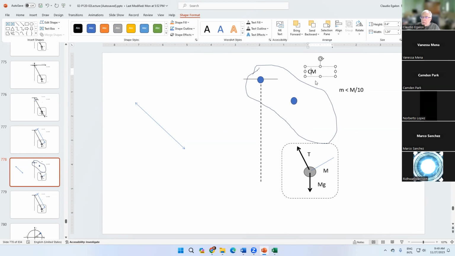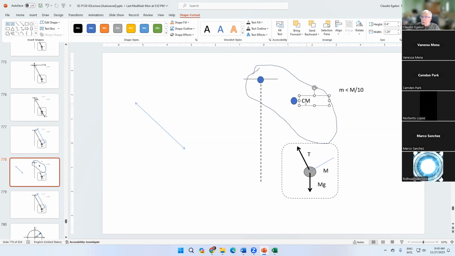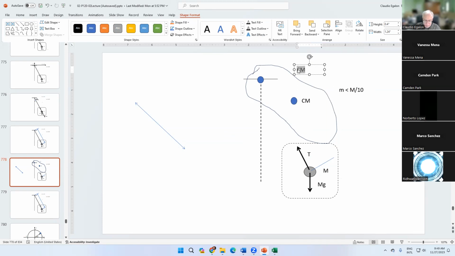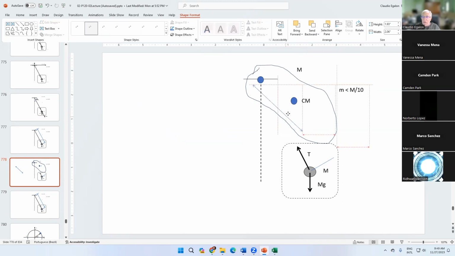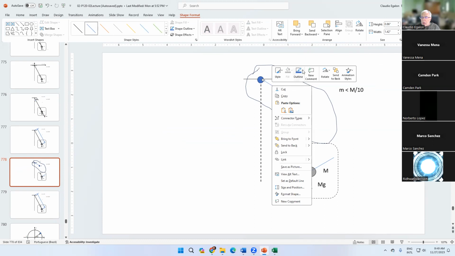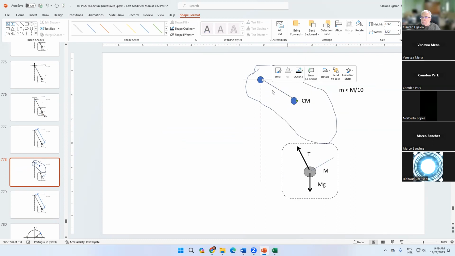Let's say the distance from here to here I'll call L. I'm going to change the color so it doesn't disappear.